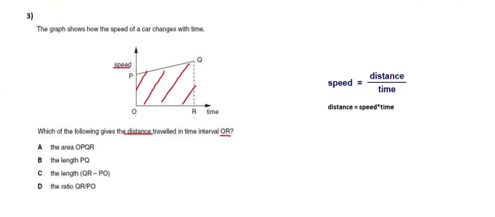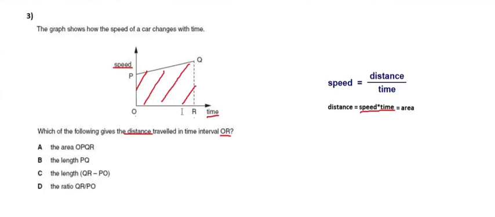Here the y-axis is speed and the x-axis is time. So the area under this line is speed into time, and speed into time is the distance. So we can say this distance is given by the area under the curve or area under the line.